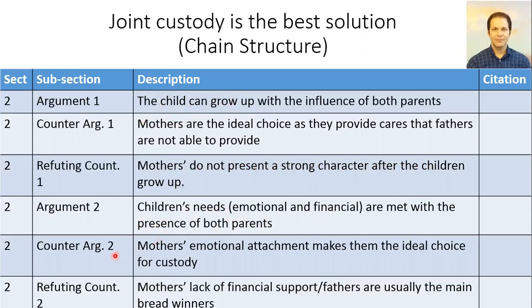So the counter argument number 2 is mother's emotional attachment makes them the ideal choice for custody. Well, I can refute it by stating that mother's lack of financial support actually does not make them the ideal choice. Please don't forget that in this section, you need to provide citations because you are making claims. And because you are making claims, you need to exactly provide citation as to show where you get the information from.